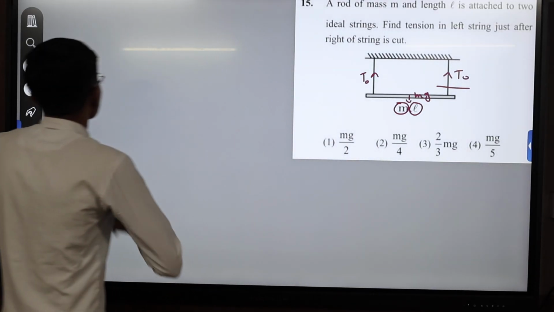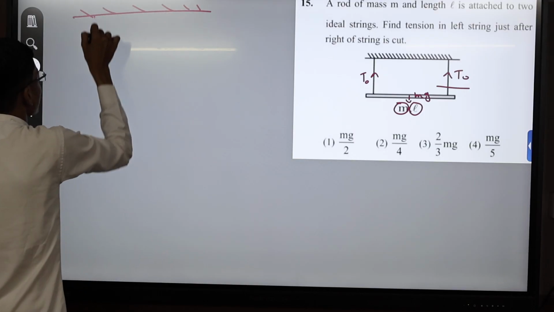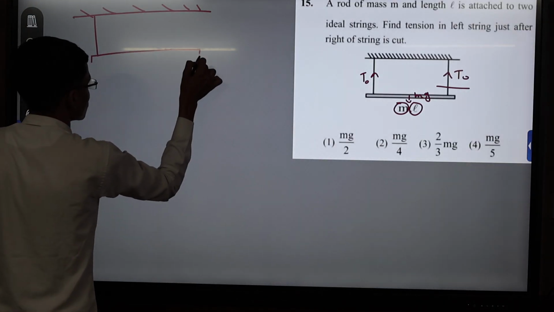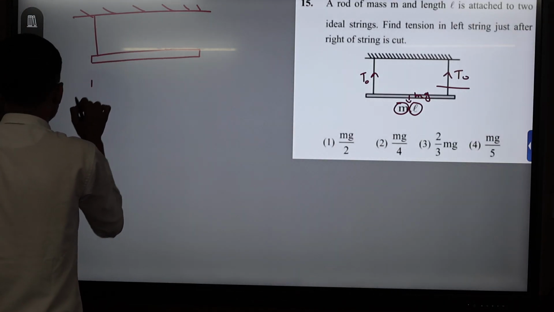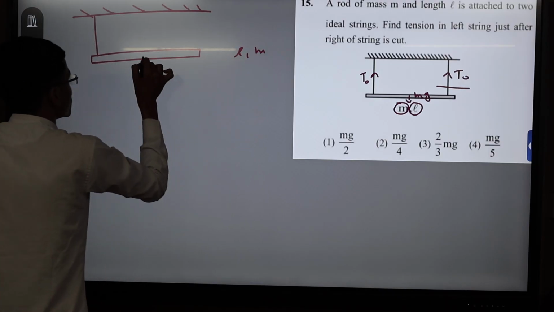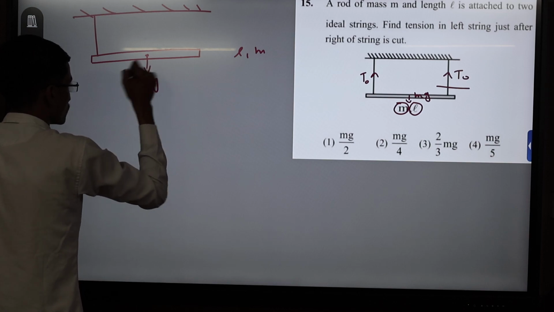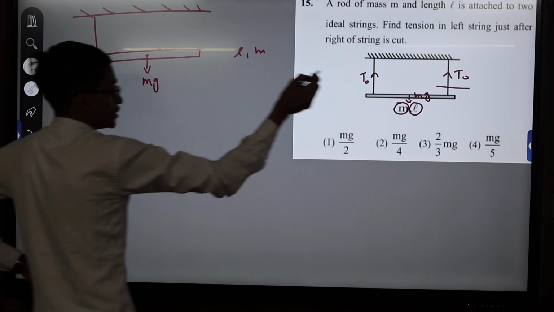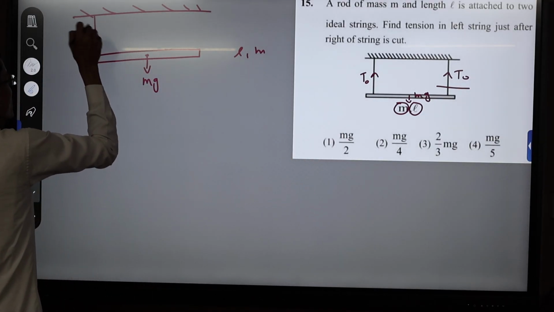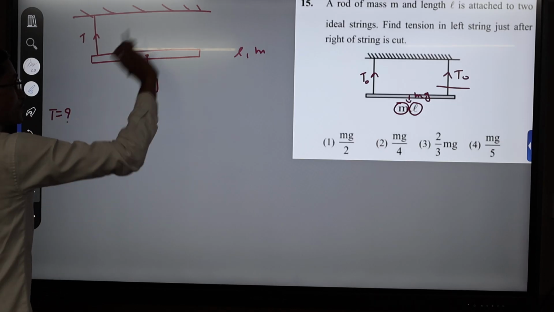After cutting the string, we will get a diagram like this. Length of rod is L and mass is m. The center of mass of this rod will be here, so Mg will act downward. Initially tension was T naught, but now the tension will change and become T, and we have to find T just after cutting this string.